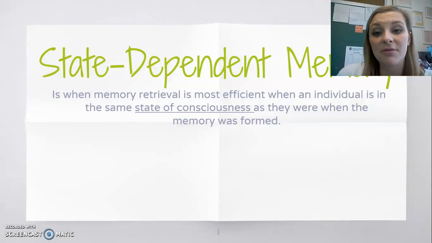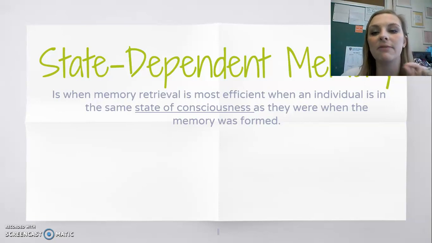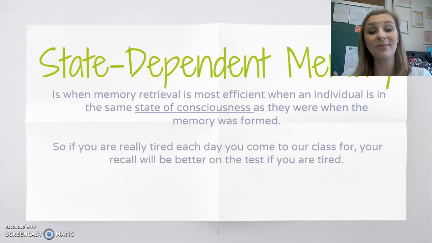State-dependent memory is a type of context effect, and this is when our retrieval is most efficient when you're in the same state of consciousness that you were when the memories were formed. So states of consciousness, how tired you are, and how drunk you are are examples, okay?